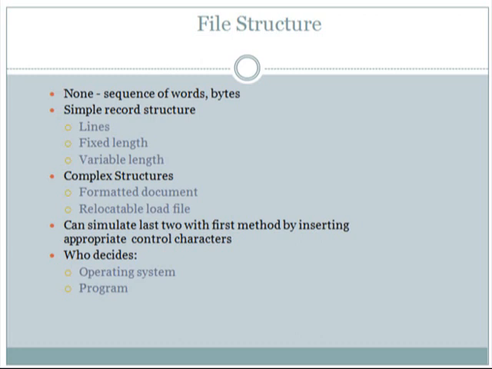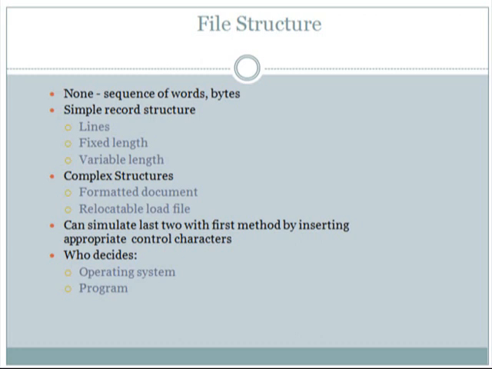Next, the file structure. A file can be considered to be a sequence of words or bytes. It could be a simple record structure wherein the file consists of many lines, where the lines could be of fixed length or variable length. Or there could be complex structures, which include formatted document and relocatable load file.